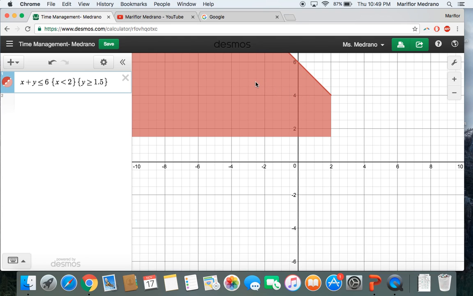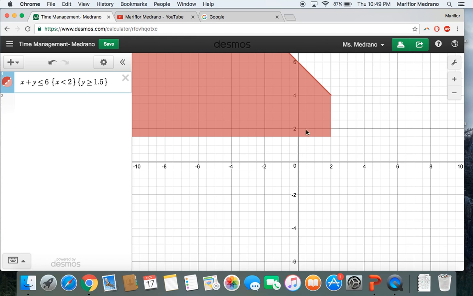We don't care really about these three quadrants because we can't have a negative amount of time. Even though this is mathematically correct in our answer, in the real world we don't really want that.